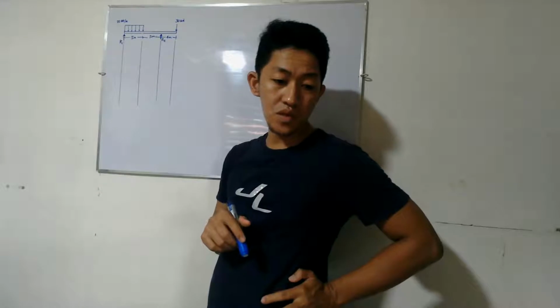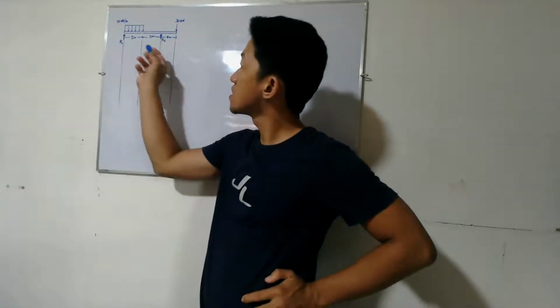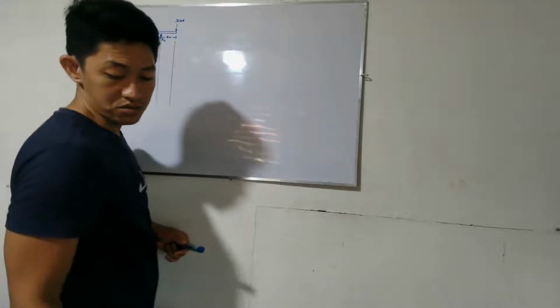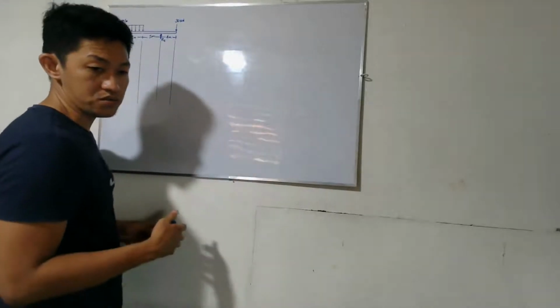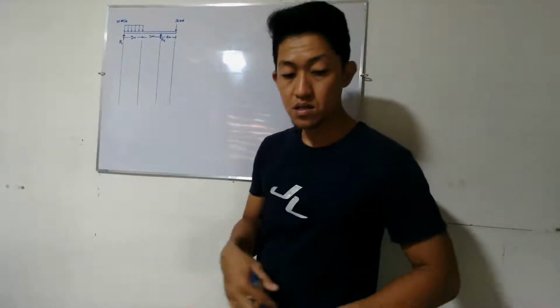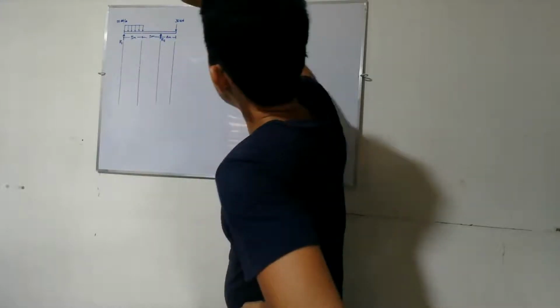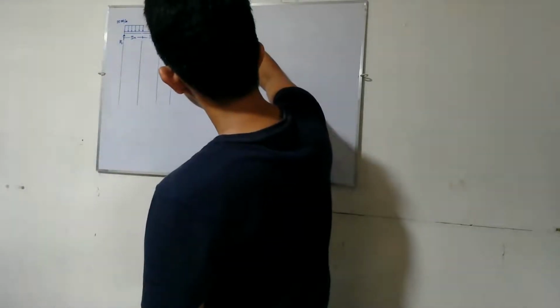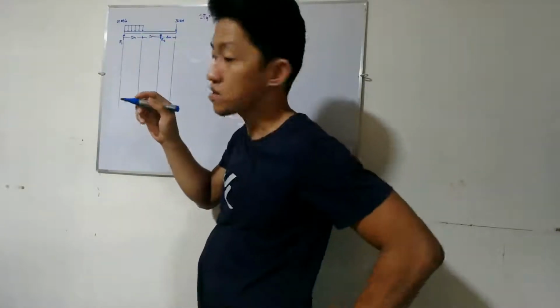The first thing that you will do is to determine the reactions. Usually students get their reactions wrong, and if the reaction is wrong, the rest of the solution is wrong. First, summation of forces along y is equal to 0.